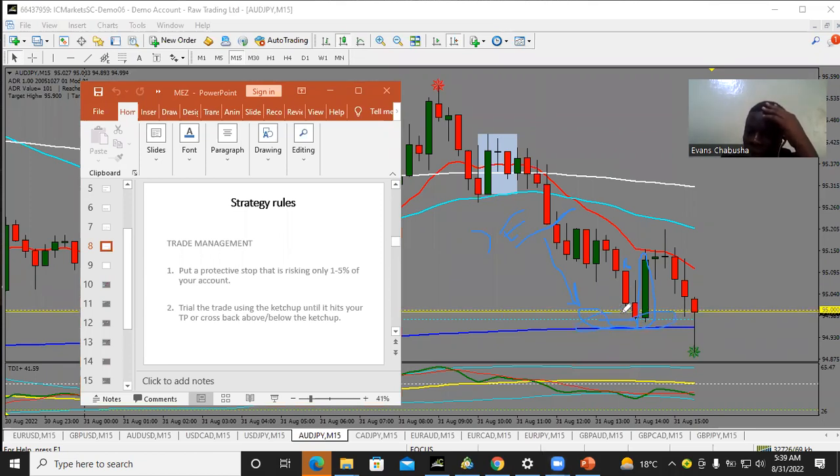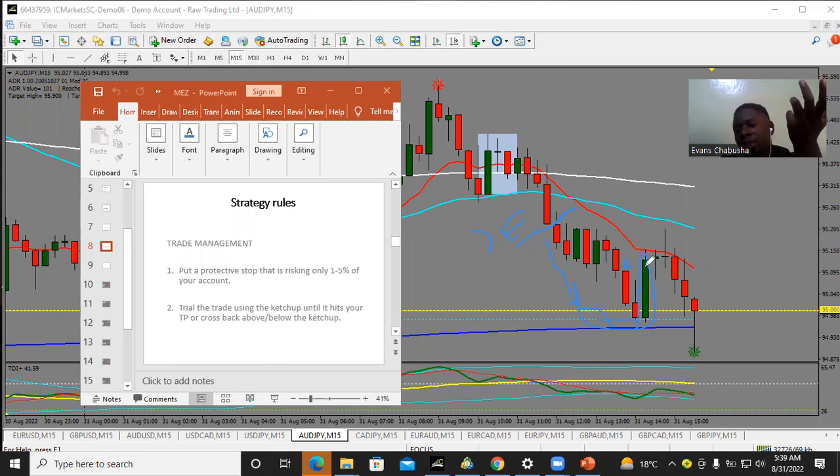In this case, when price reached that level, I took my first take profit. So whatever this candle was presenting, fear or anything like that, I was already in profit and it was locked. So you now trail the catch up.